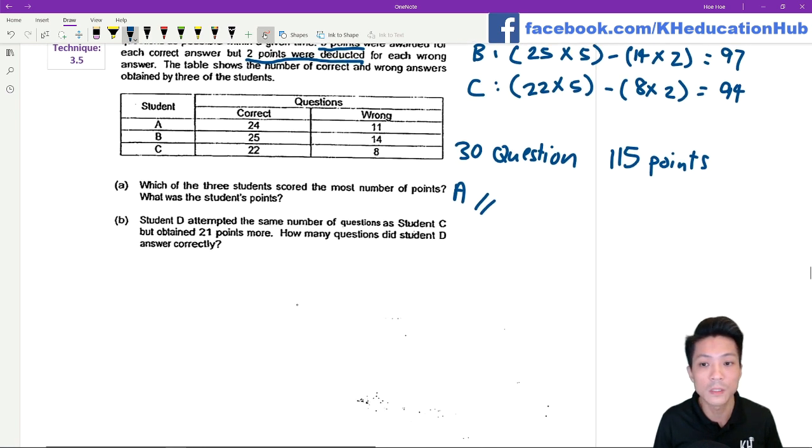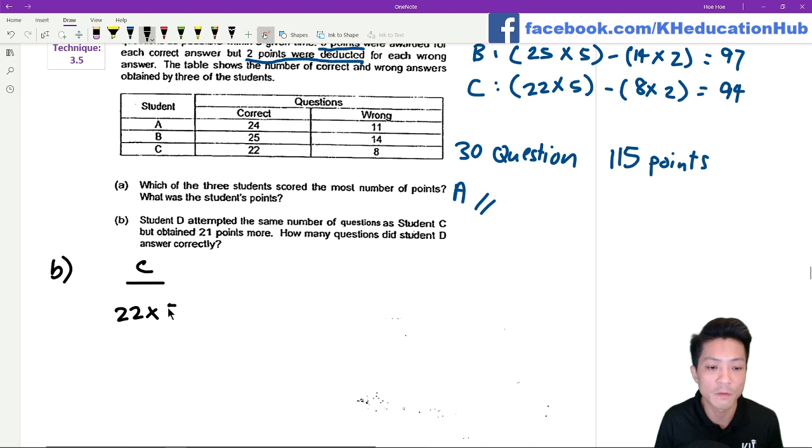Now, this question we can use a bit of guess and check technique. For correct, if it is 22 times 5, and for the wrong if it is 8 times 2, the total we know that it is 94.